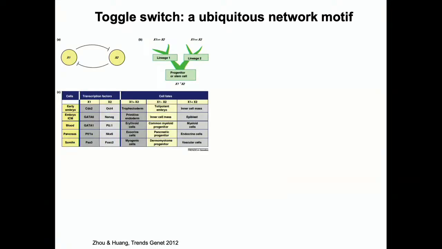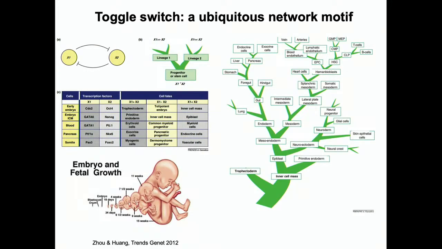So let's go back to the toggle switch, and if you look at development, right? You have the single cell zygote here that could take any of the two branches, any of the two cell fates, and then you can continue to see how different cell fates emerge. And in most cases, what you see in this map is that there is a bifurcation happening, and the same progenitor cell is able to give rise to two distinct populations.